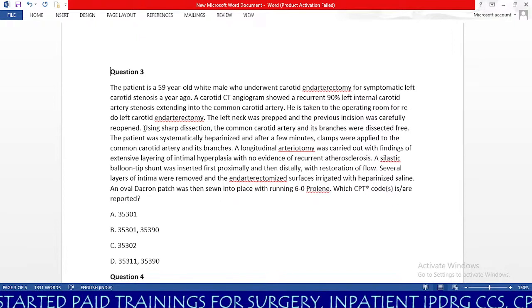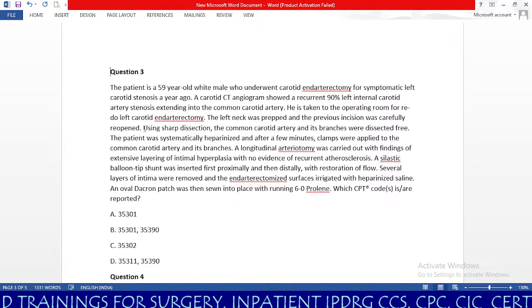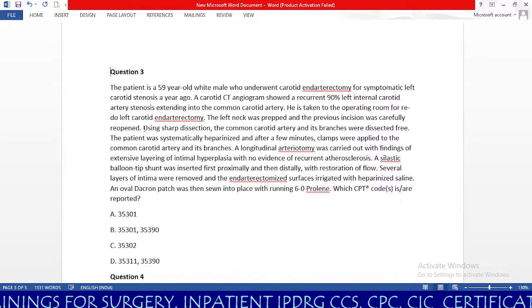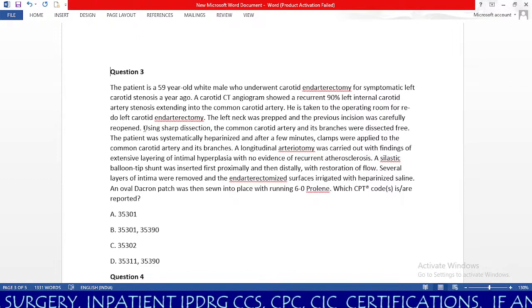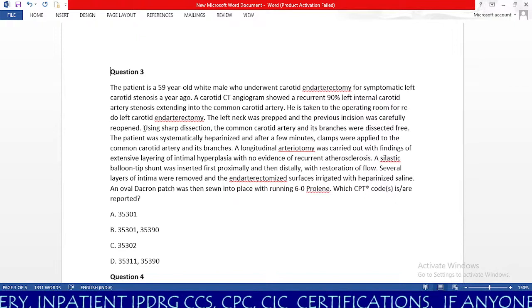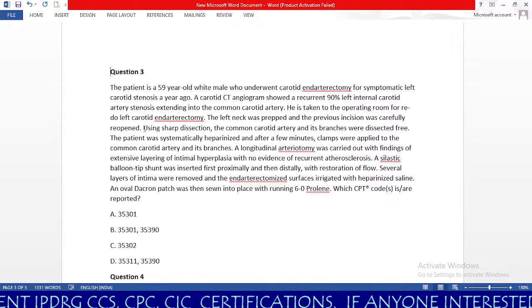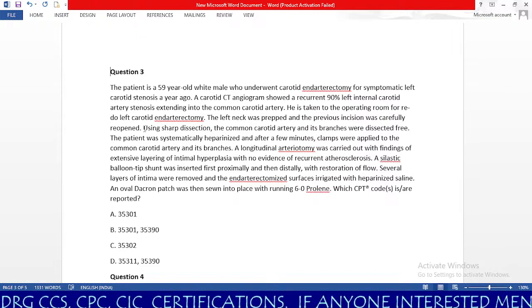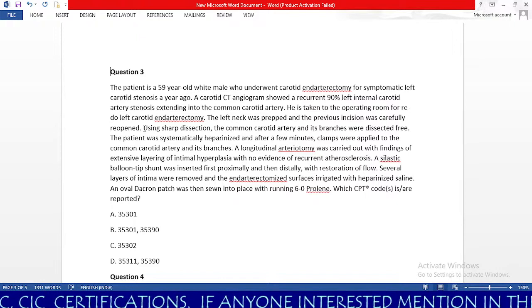No worries. So the patient is a 59-year-old white male who underwent carotid endarterectomy for symptomatic left carotid stenosis a year ago. So 1 year back he had carotid endarterectomy. A carotid CT angiogram showed a recurrent 90% left internal carotid artery stenosis extending into the common carotid artery.